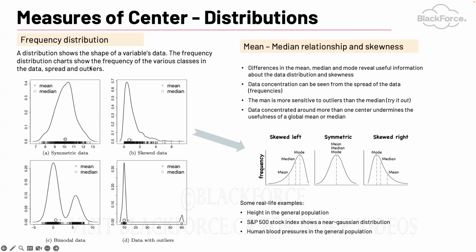Now, let's talk about distributions a bit. Remember the comment I made earlier, when you look at the mean of a set of numbers, it tells you something, but it doesn't tell you everything. It doesn't give you a holistic picture. You just say, okay, that's the middle.